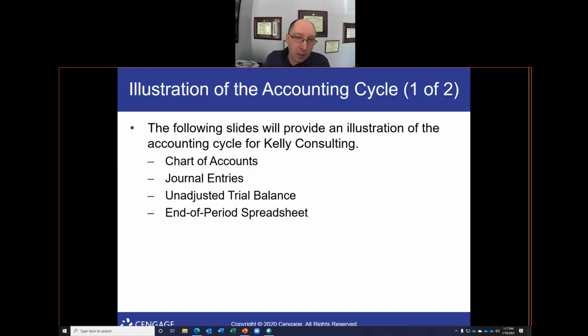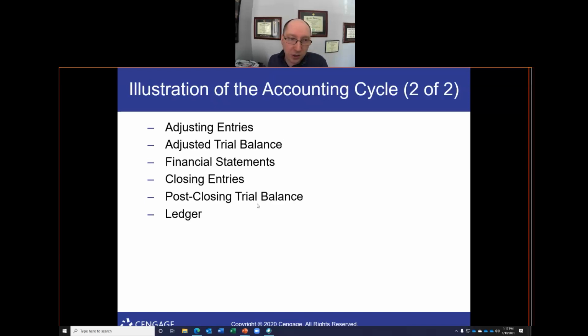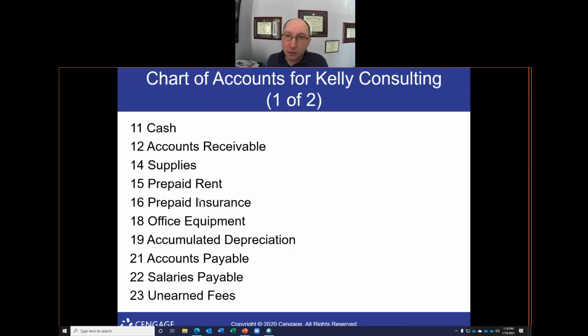For this company, we'll show you their chart of accounts, the types of journal entries they make, the unadjusted trial balance, and the spreadsheet they produce. We'll also show you the adjusting entries, adjusted trial balance, financial statements, post-closing entries, post-closing trial balance, and the ledger. Remember, all of these are steps in the accounting cycle. So I'm going to illustrate that to you through an example.